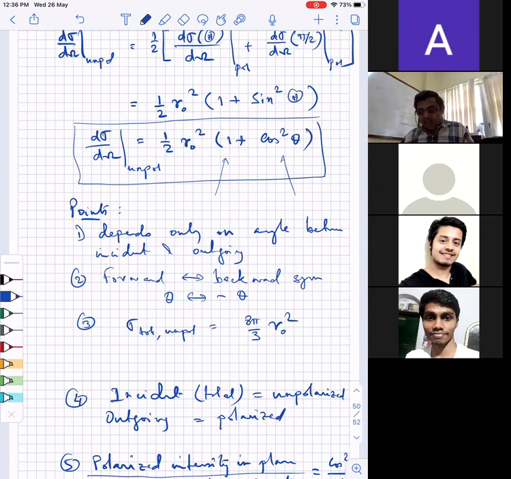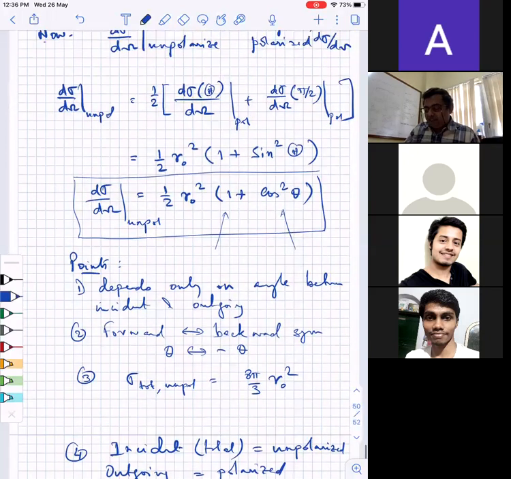We measure the scattering, and then from there we can calculate. For example, if I know theta and d sigma d omega, the scattering cross section as a function, I can find what is R0 squared. This is a direct scattering experiment to calculate R0 squared.